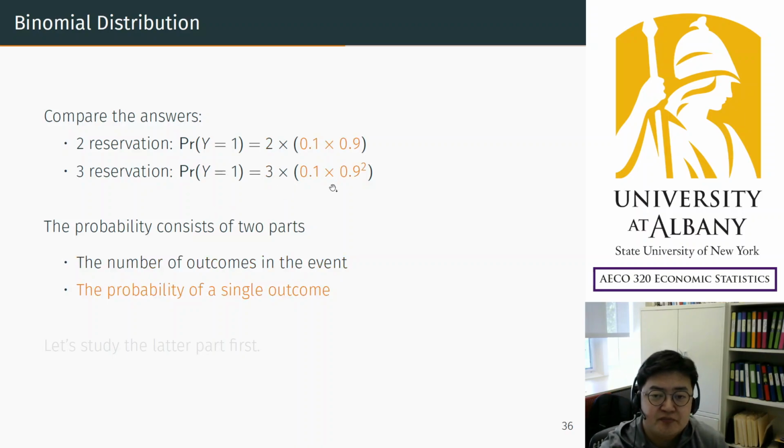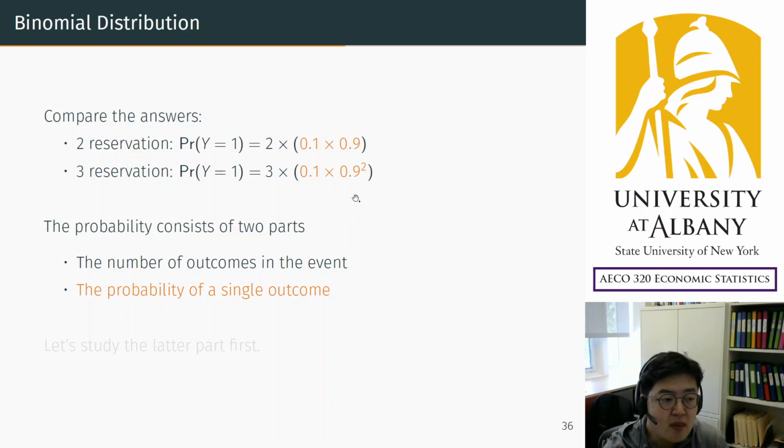And then the second part is the probability of a single outcome. As you just saw, because we are using the special multiplication rule, it doesn't matter who cancels. As long as only one cancellation happens, the probability of a single outcome does not depend on who cancels. Either A cancels or B cancels, their probabilities are the same, like this.